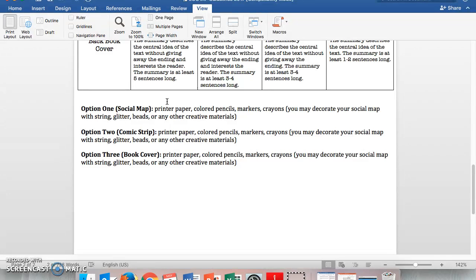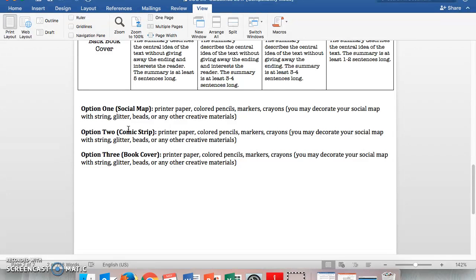Some of my students last year really went crazy with this, and they had all sorts of kind of 3D looking stuff in their social map, and that was awesome. But it's nothing that you have to have. For option 2, your comic strip materials that you can use are exactly the same. Your printer paper, your colored pencils, markers, crayons, all that good stuff. And then, of course, for option 3, your book cover, same exact thing. Printer paper, colored pencils, markers, crayons, the works.